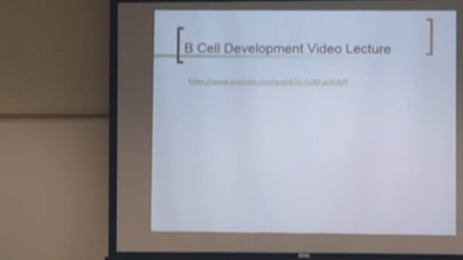So for B cell development, I've got a video. Again, these slides are up. They're called Chapter 10 Modified. We don't have time to watch the video, but it is a nice video where he goes through the different stages of B cell maturation.